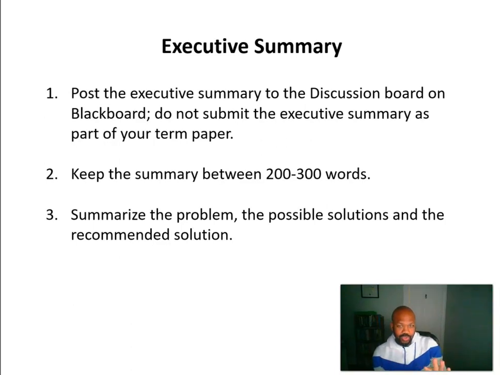So again, just those 3 elements. Don't overdo it. Treat it as if it is the introduction to the paper. Although you won't include it in your term paper, you're posting it to the discussion board. But be mindful that it is summarizing the overall effort.